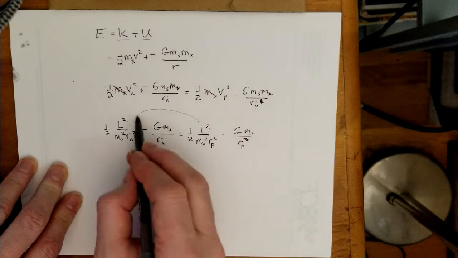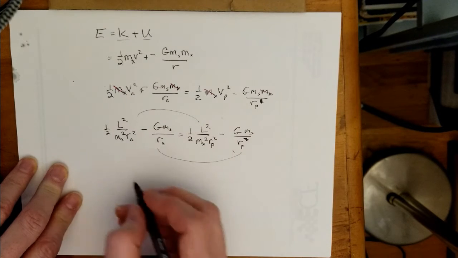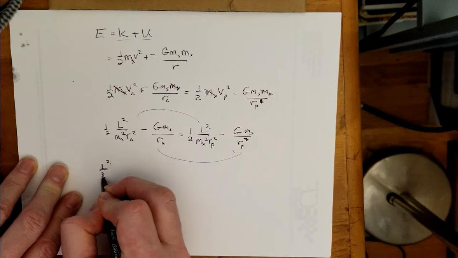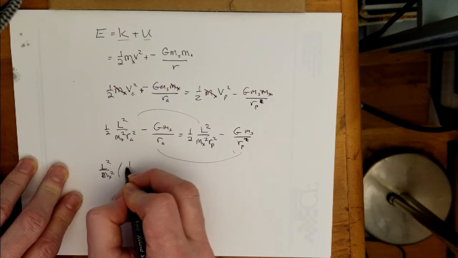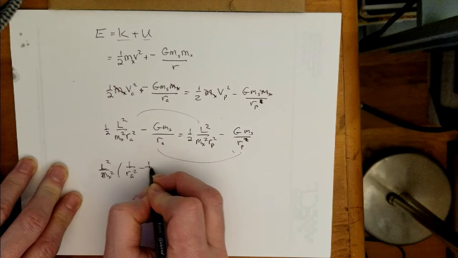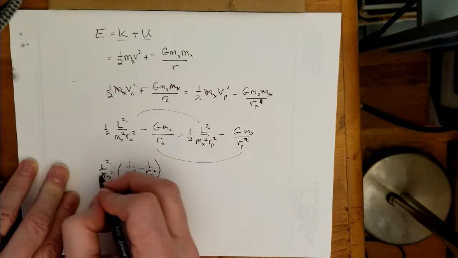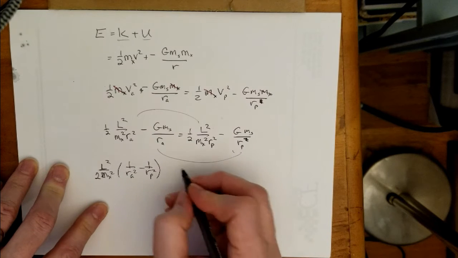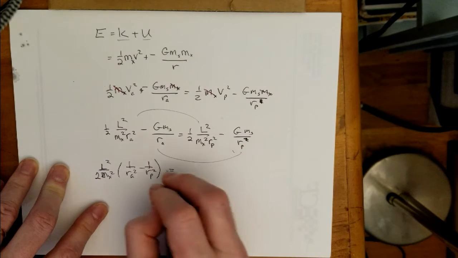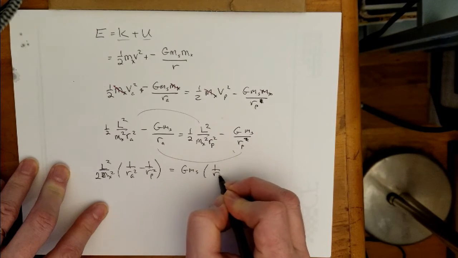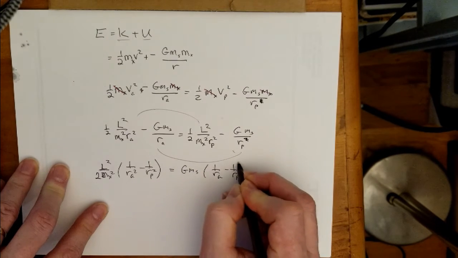So if I get these terms together and those terms together, I have L squared over m_x squared times 1 over R_a squared minus 1 over R_p squared. Don't forget the 1/2, is equal, on this side, to G mass of sun times 1 over R_a minus 1 over R_p.